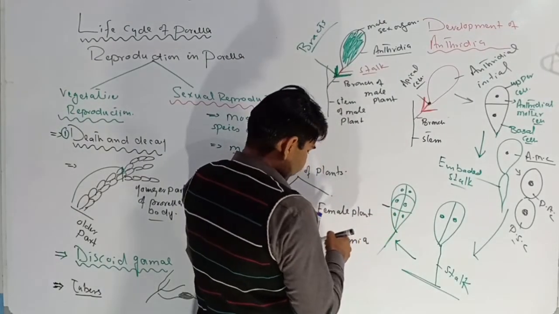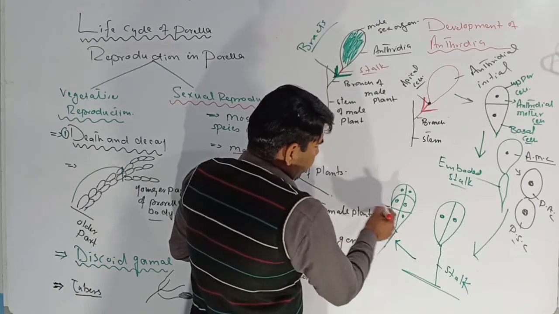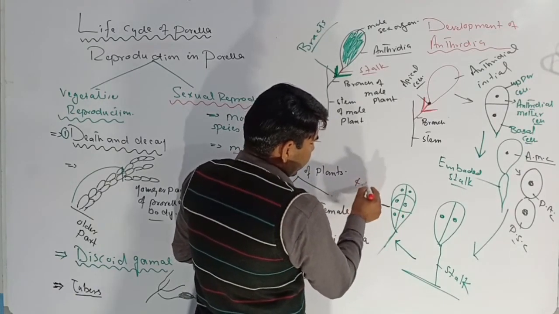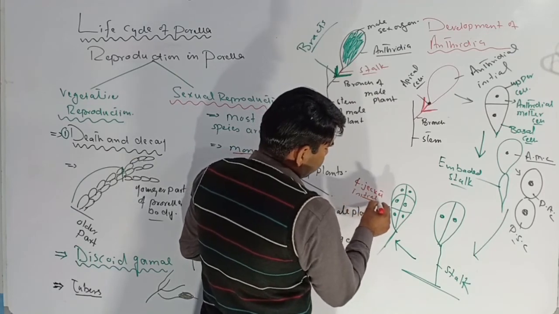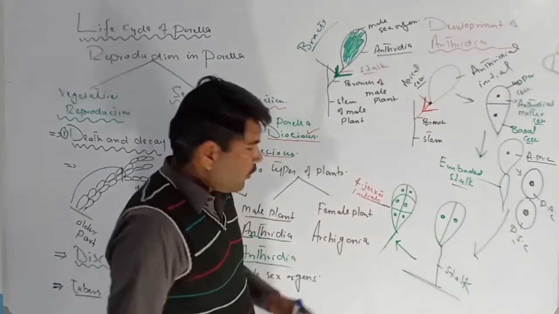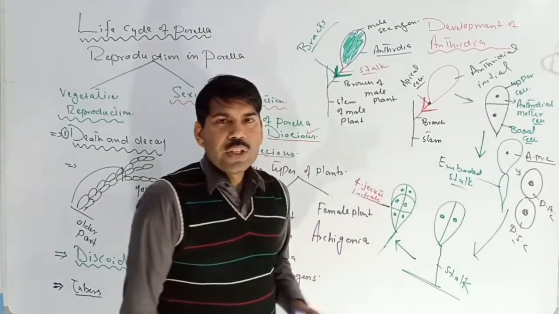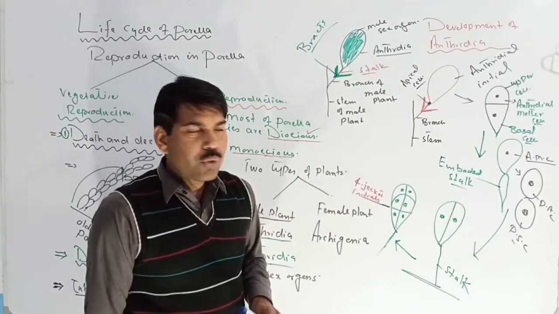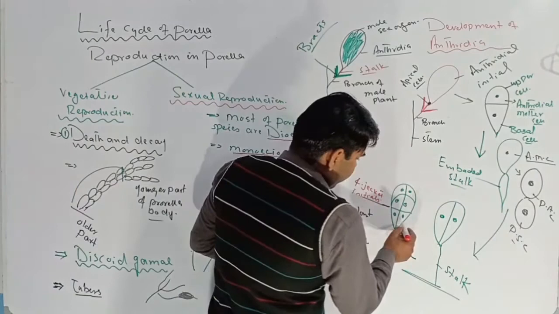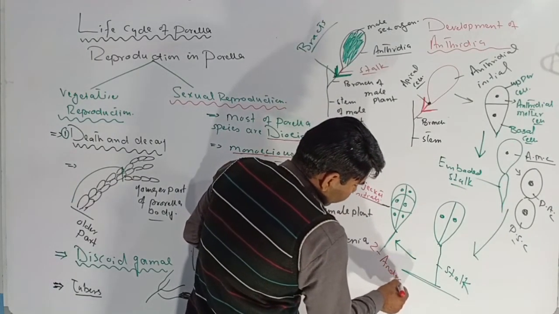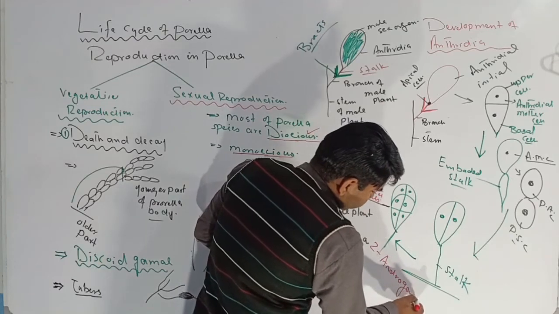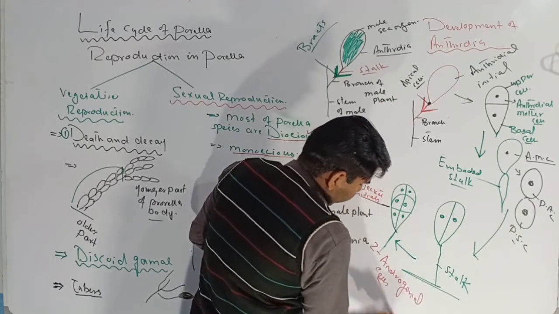Four cells are known as jacket initials, and two out of these are known as androgonial cells.